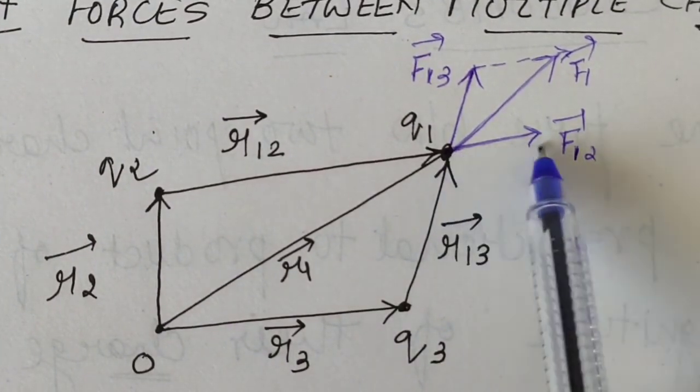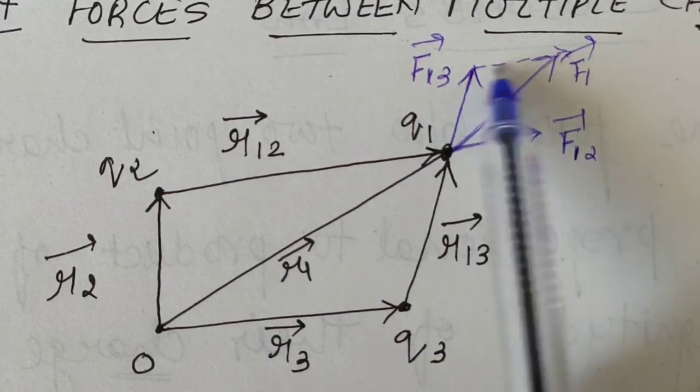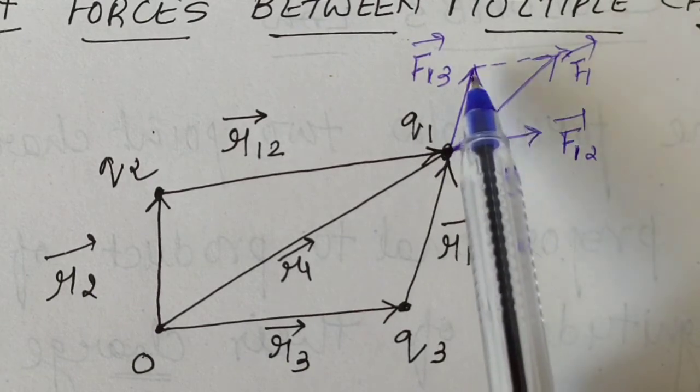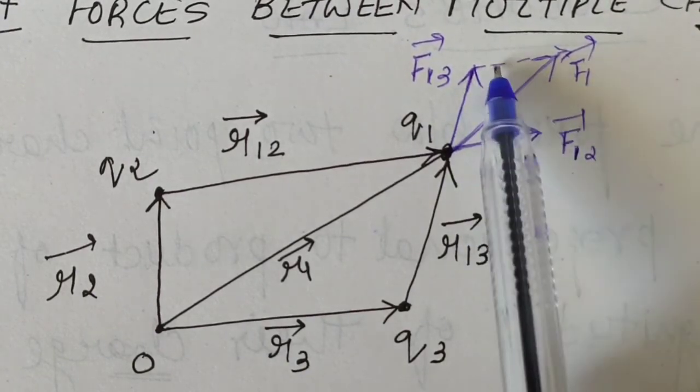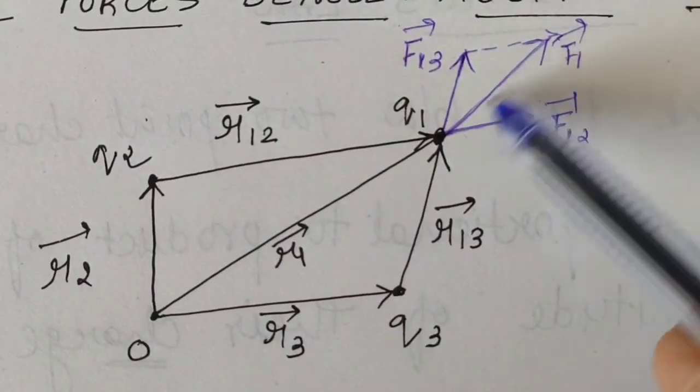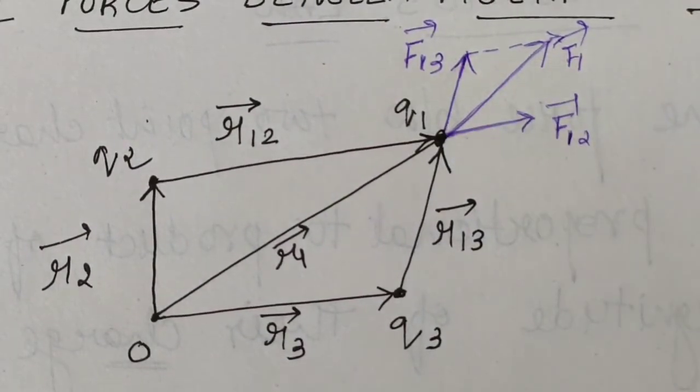This is the parallel component of F2. This is F3. Head of F3 and tail of F12 are combined. So this is the direction of F1.